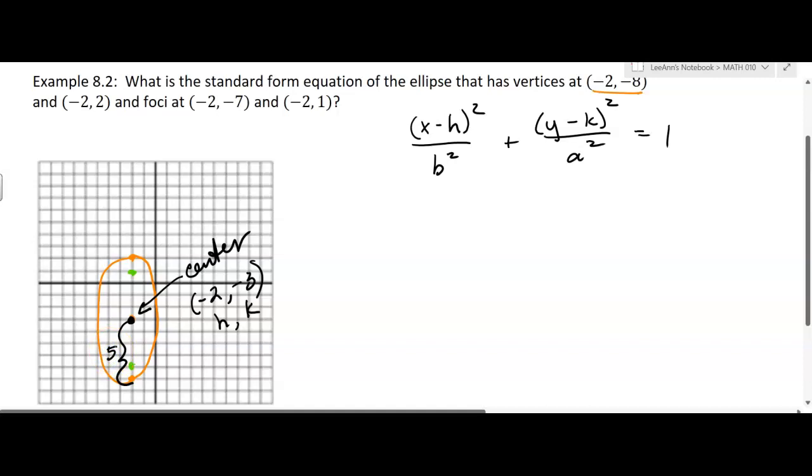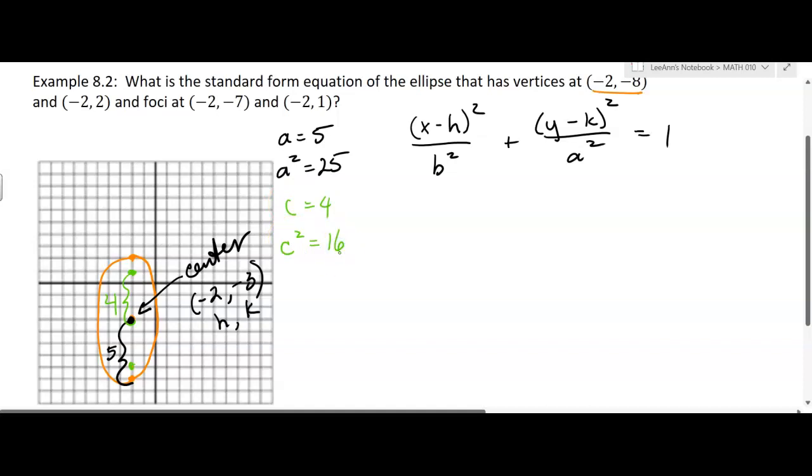So we know a is 5. That means a squared is 25. We also know c. This distance for c is 4. You could just count that off the graph. So c is 4, and c squared is 16.